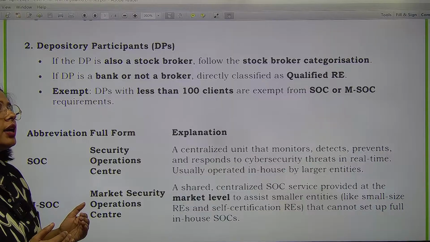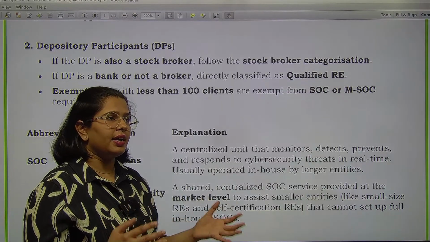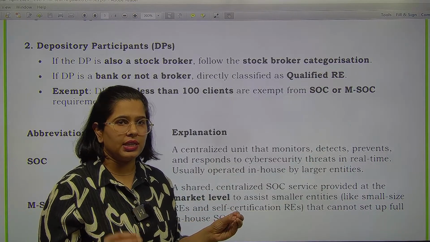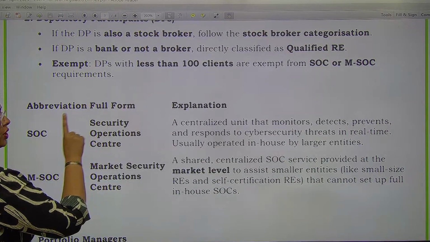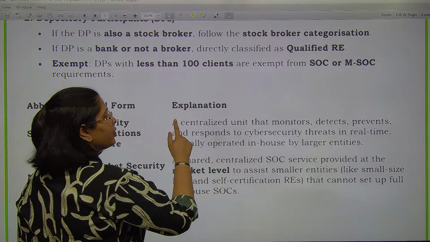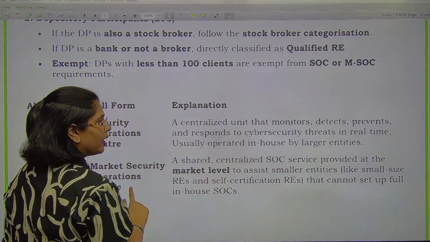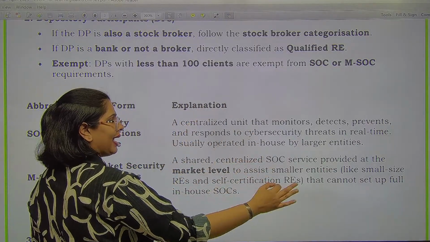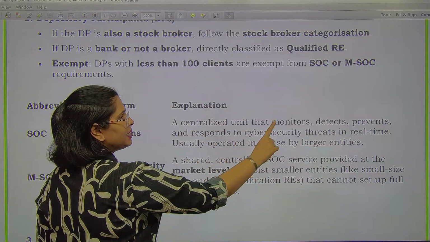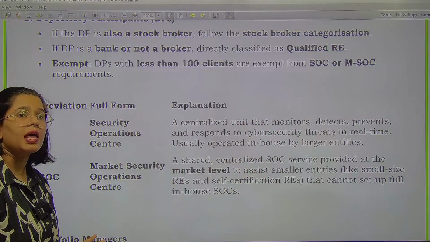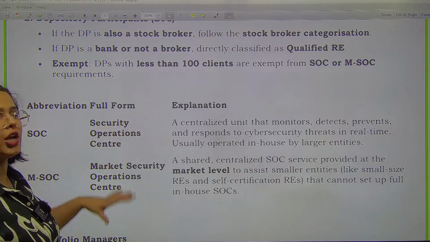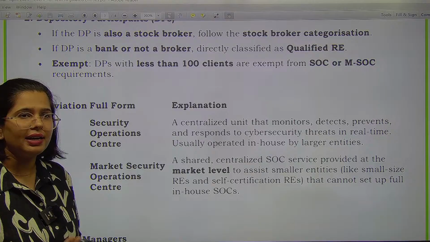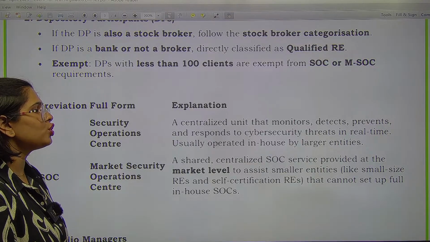Now, we were talking about that qualified regulated entity has to comply with the SOC. Now, what is this SOC? So, it is Security Operations Center. That means you need to have a centralized unit which will monitor, detect and prevent cyber security threats in real time. If you do not have the capacity to establish an SOC, that means a centralized unit, you can outsource this as well.